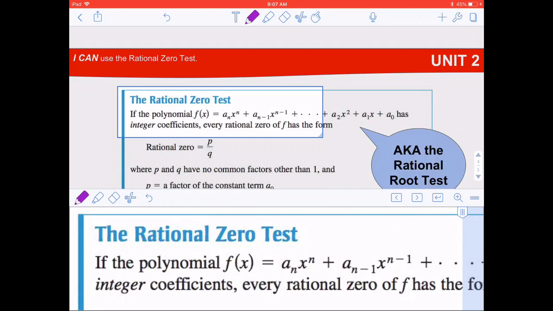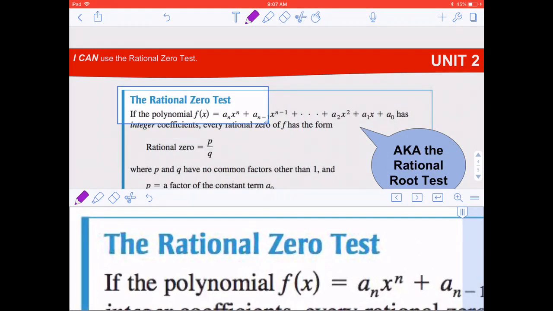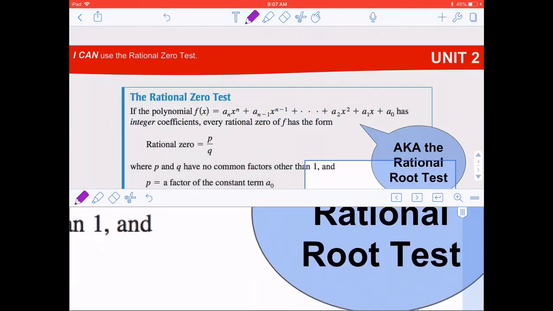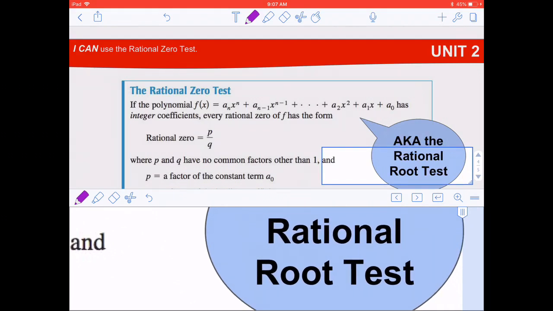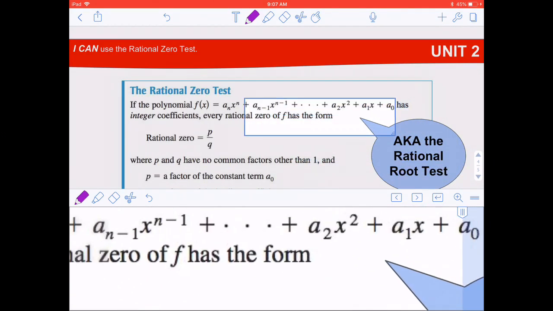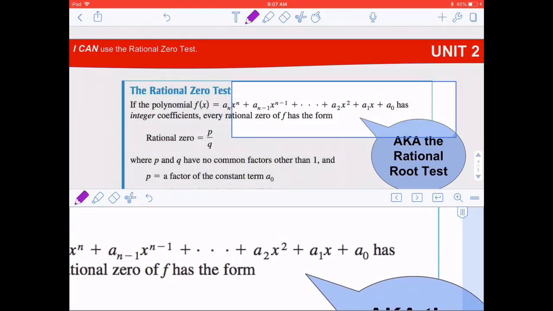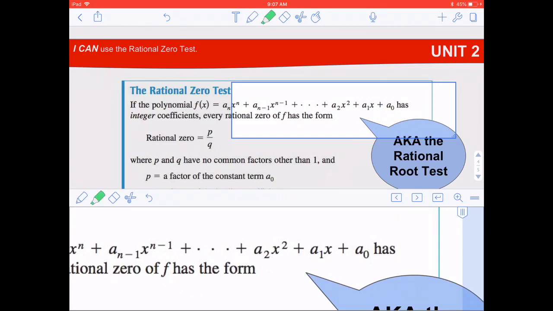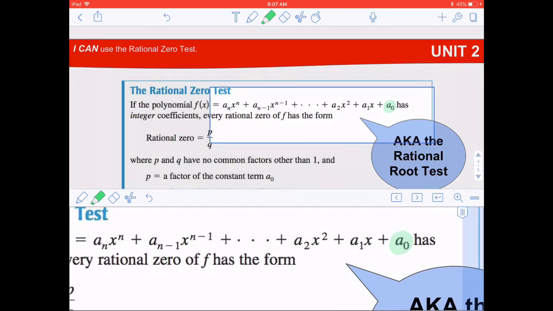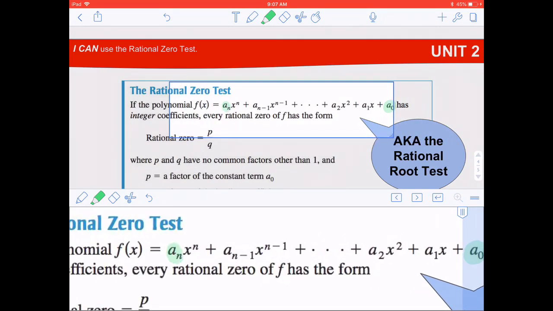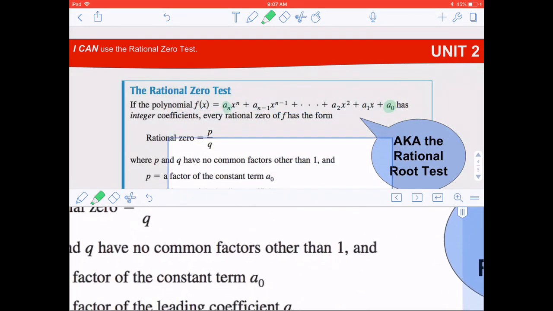Our next test here is called the rational zero test. Sometimes it's also called the rational root test. So what this test does is it takes any polynomial and it helps us to decide what would be our possible zeros. So what we want to do is take a look at the last constant of the polynomial and the leading coefficient of our polynomial.